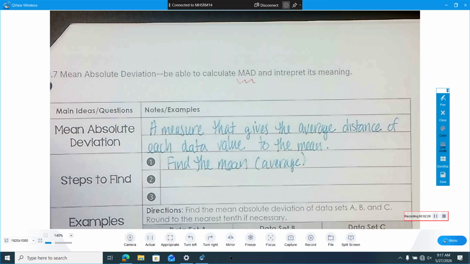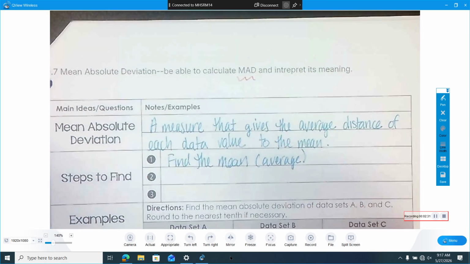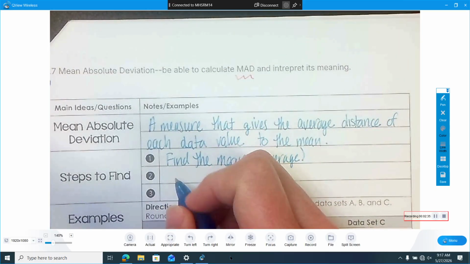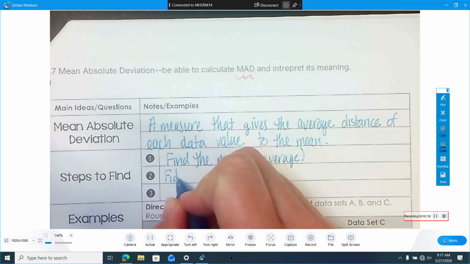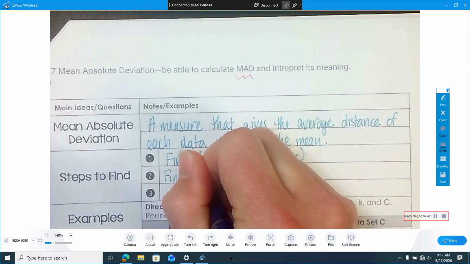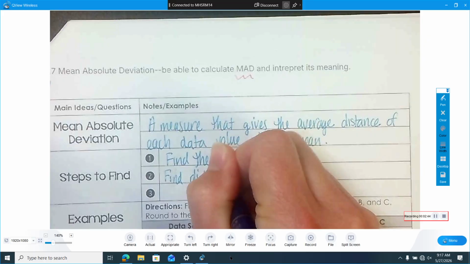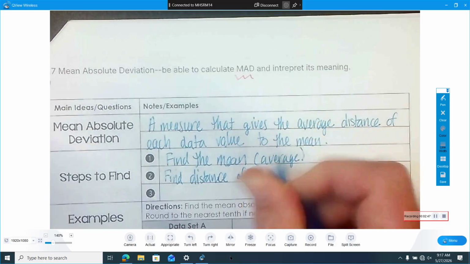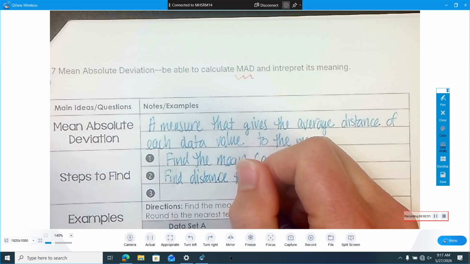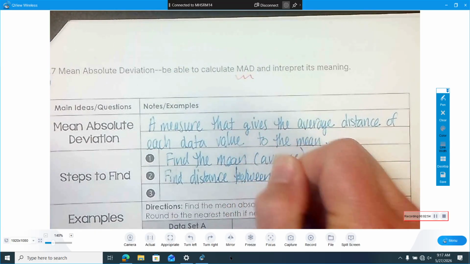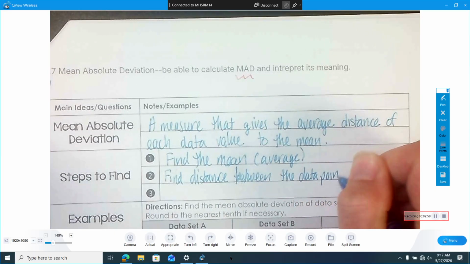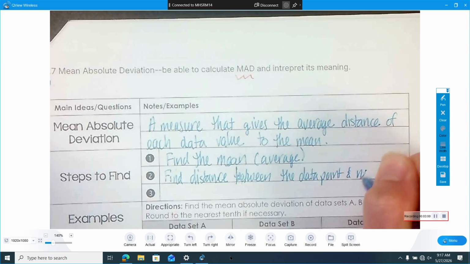And then what we have to do is find the distance between the data point and the mean.